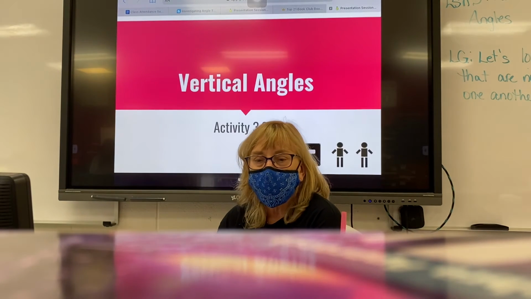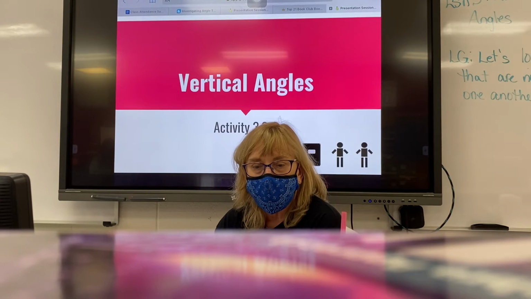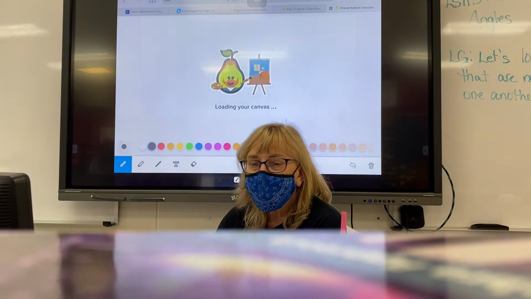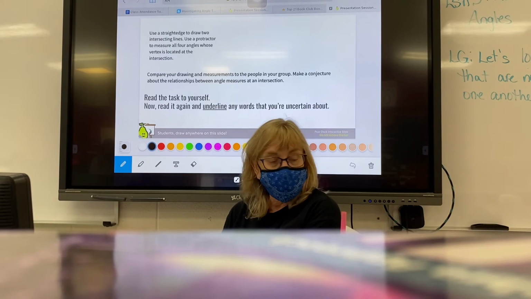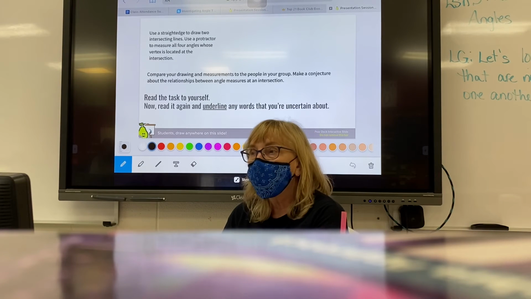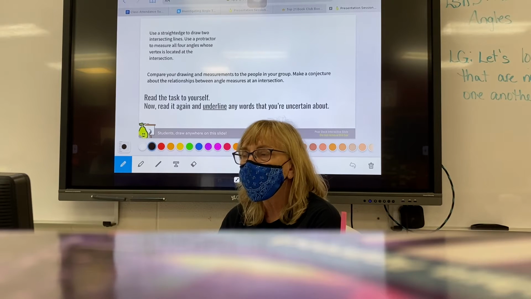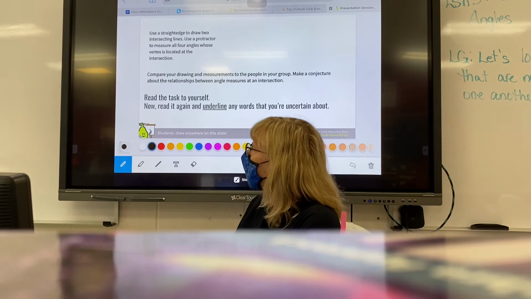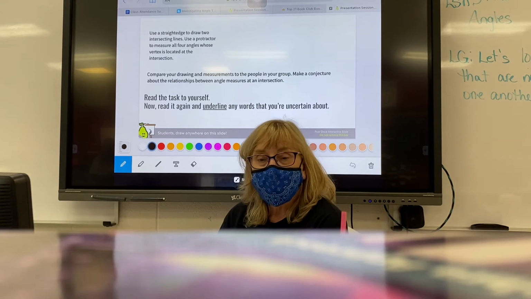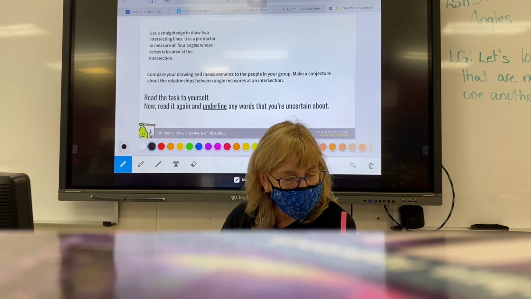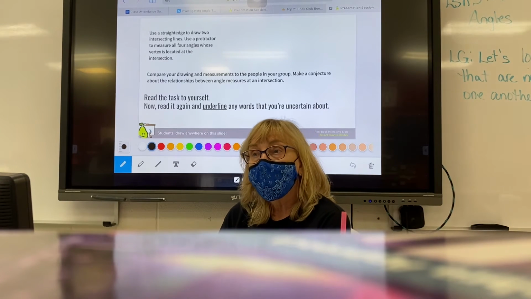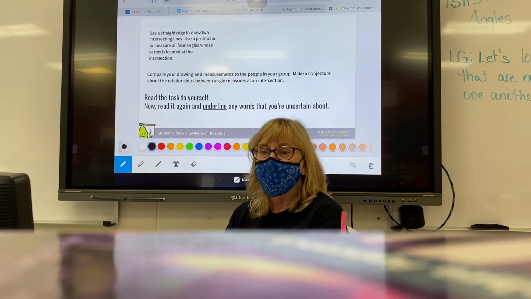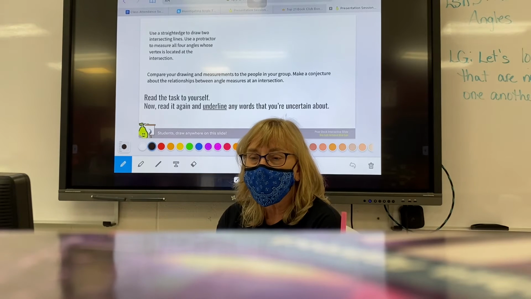All right, now we're going to talk about vertical angles. Read the task to yourself, just the top paragraph, well, actually the two paragraphs. Now read it again and underline any words that you don't understand.